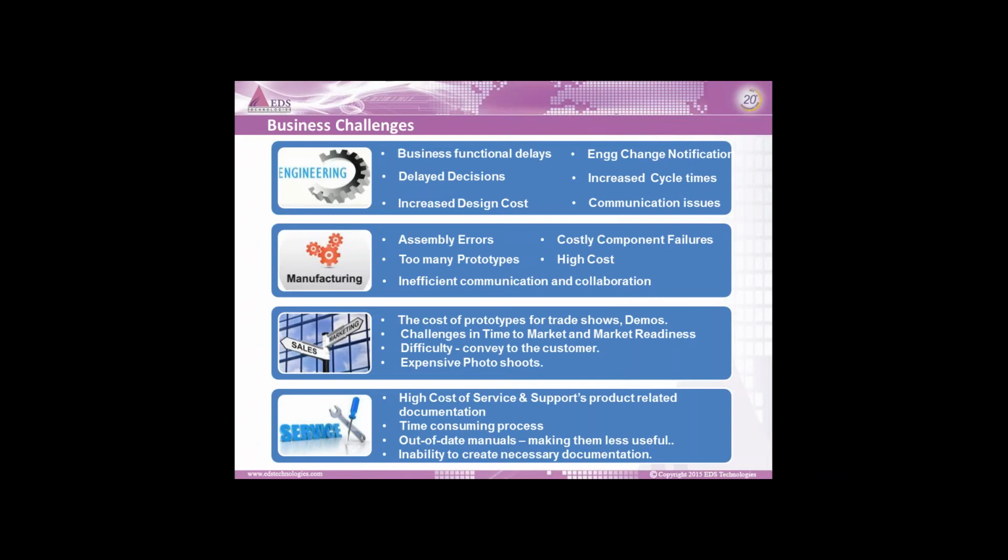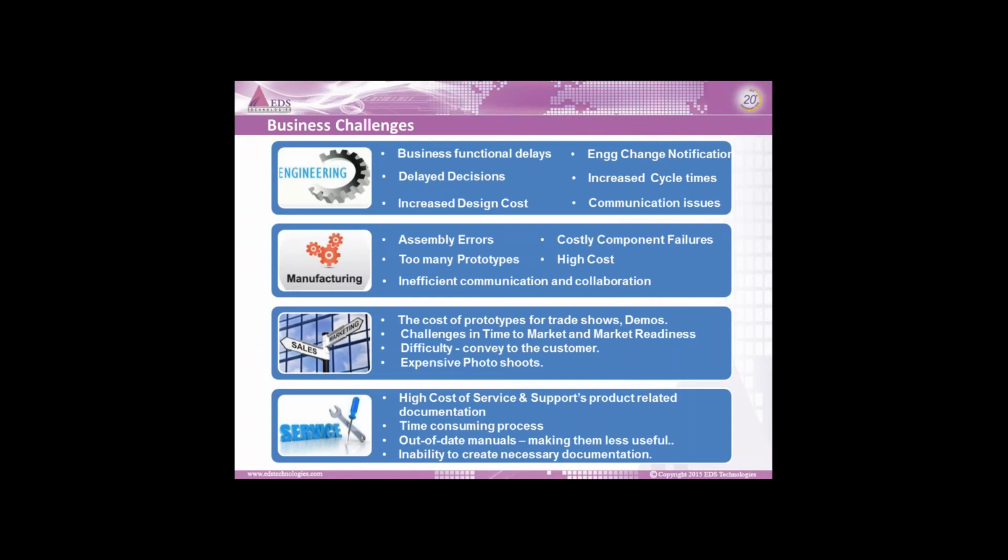But what are the business challenges that we are facing in the current industrial segments that we have just discussed, be it manufacturing, discrete, industrial machinery and components, high-tech, auto, or aero?